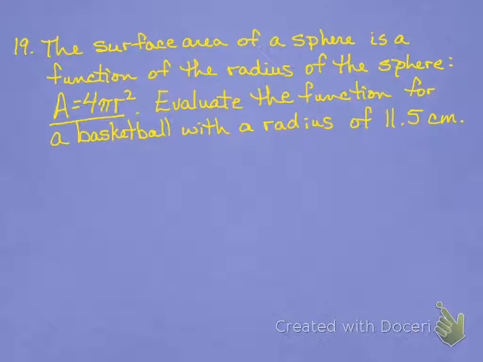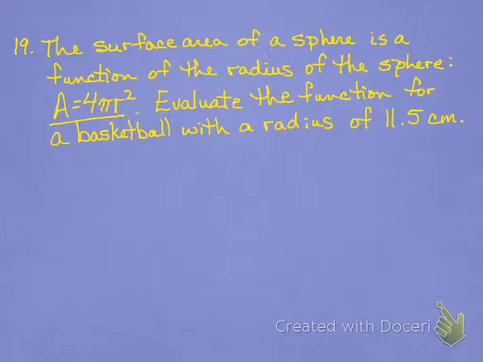It says the surface area of a sphere is a function of the radius of the sphere. So A is equal to 4 times pi times radius squared. It wants us to evaluate the function for a basketball with a radius of 11.5 centimeters.